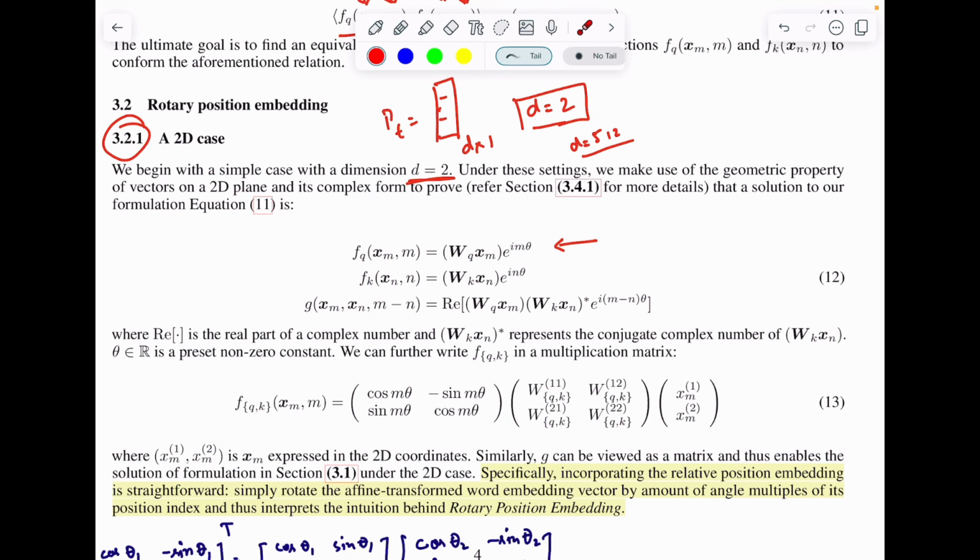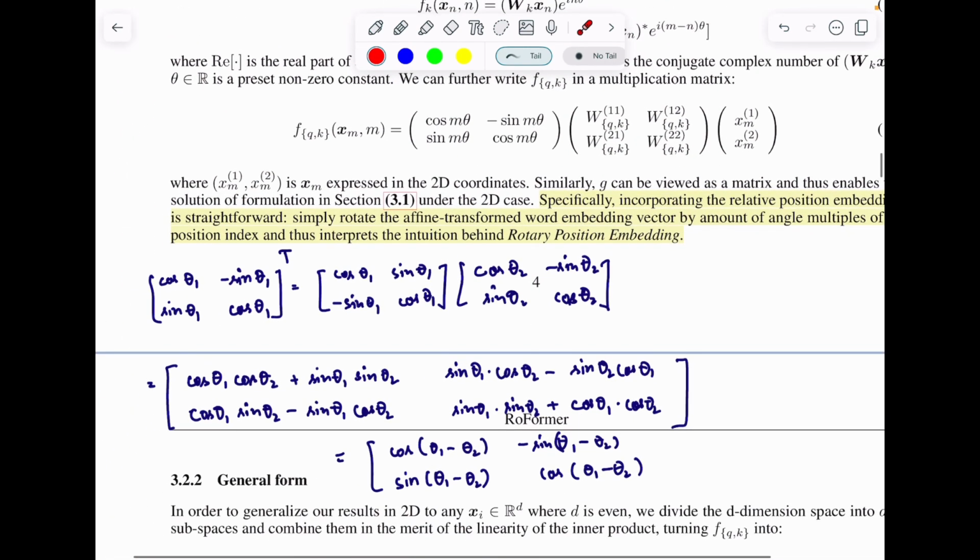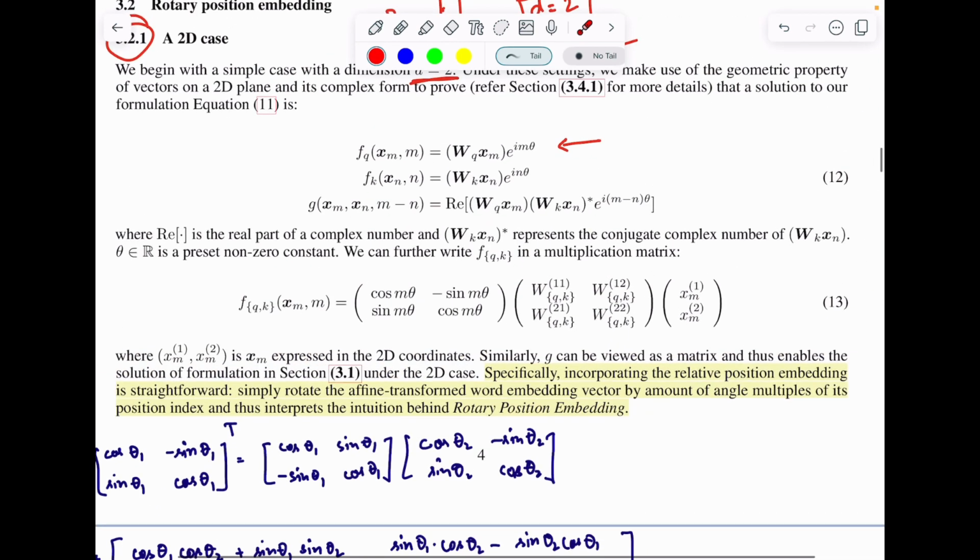What does that mean? Let's say you have this particular rotation matrix that you multiply with the weight matrix, which is in turn multiplied with the input content at the mth position. This will lead to this particular equation.